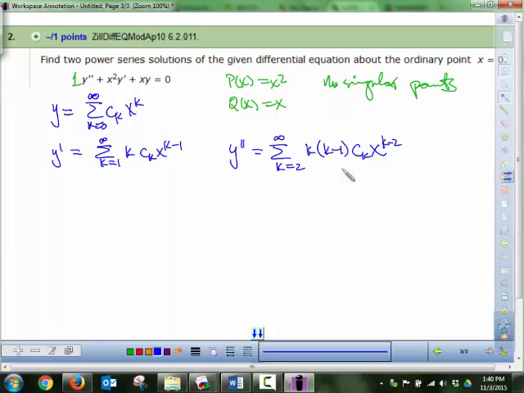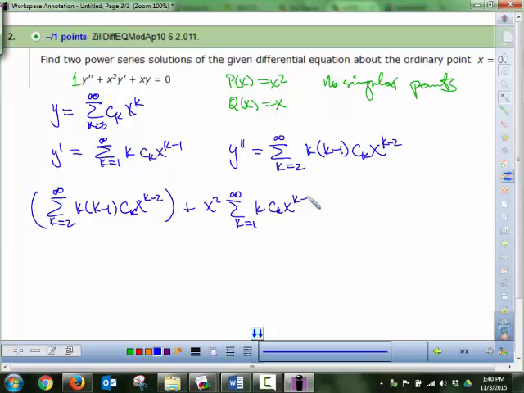All right, let's take all those derivatives and put them into the original differential equation and see what we get. We got the sum from k equals 2 to infinity of k times k minus 1, c sub k, x to the k minus 2. That's your second derivative, that's your first term. And then we have an x squared that we're going to multiply through, so our power for x is going to change here. k goes from 1 to infinity, and our first derivative is k, c sub k, x to the k minus 1.